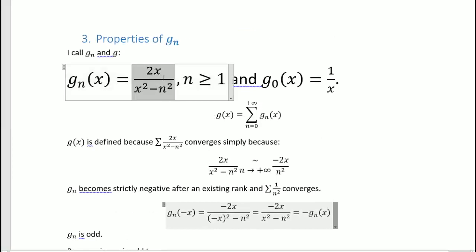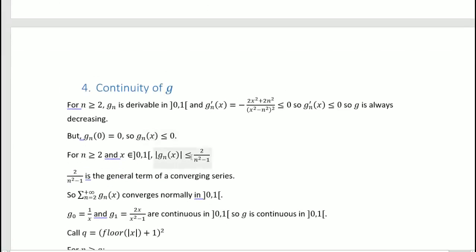Here, because after n equals 2, you can get this inequality. But we know that this is the general term of a convergent series, so if you sum that, it converges, because it's of the form 1 over n squared.